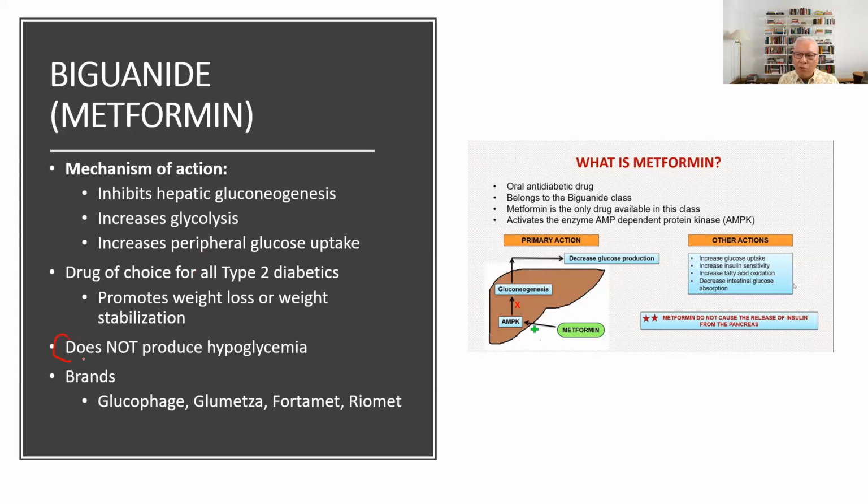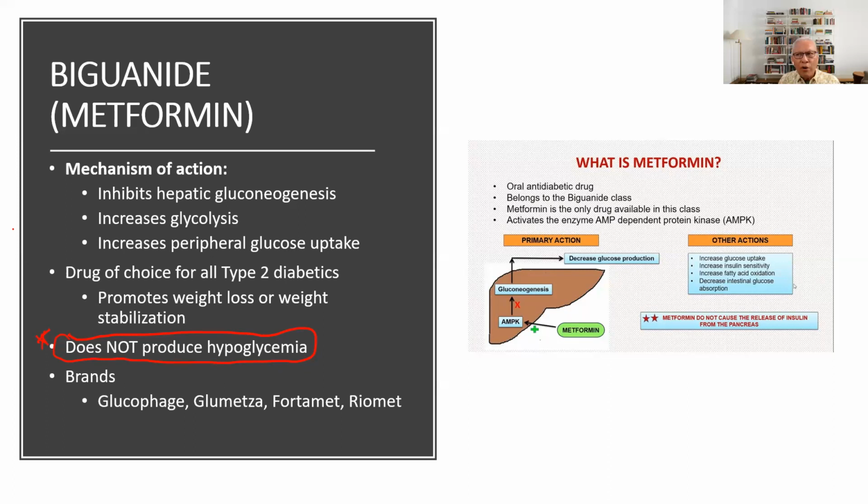So therefore, it does not produce hypoglycemia. This is a very important thing about metformin. And this is the reason why it is the drug of choice in patients with type 2 diabetes mellitus.